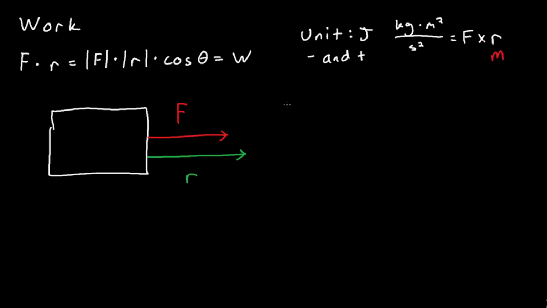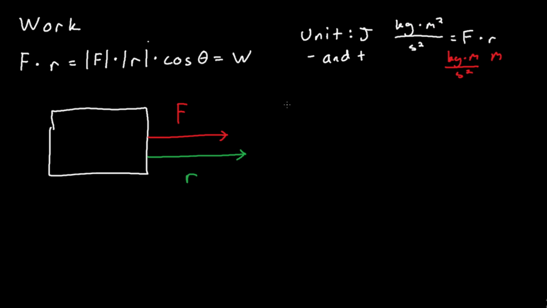I should be writing a dot here. This is m, and this is kg, mass times acceleration. So multiply these two units and you get kg times m squared over second squared.